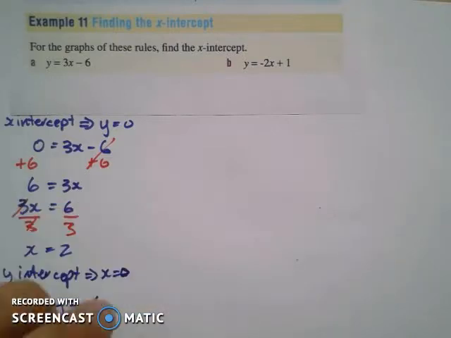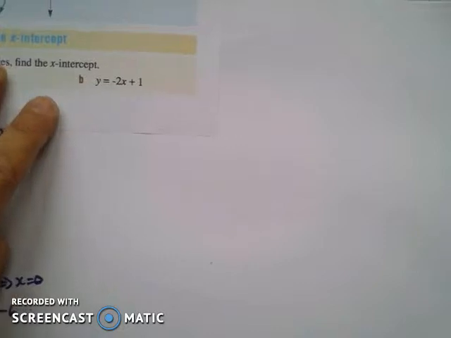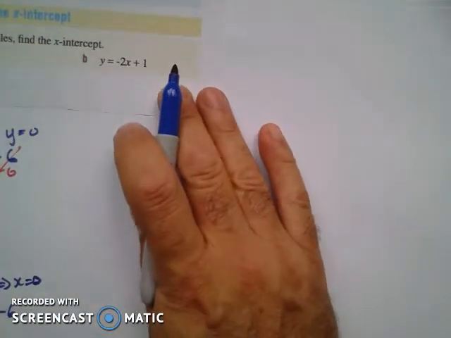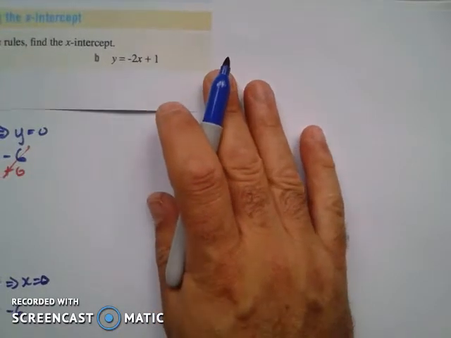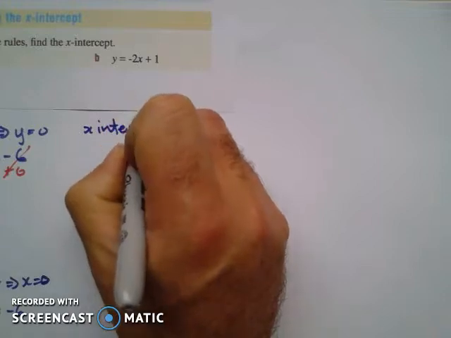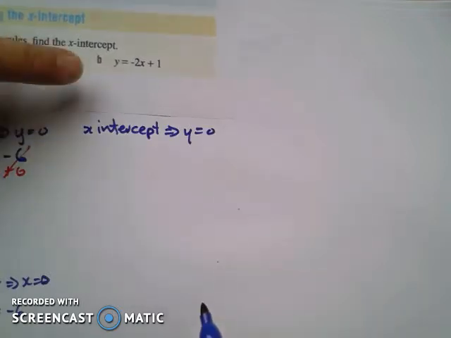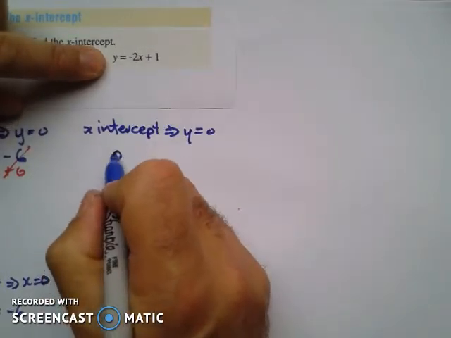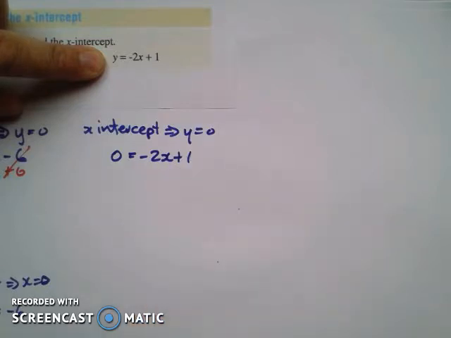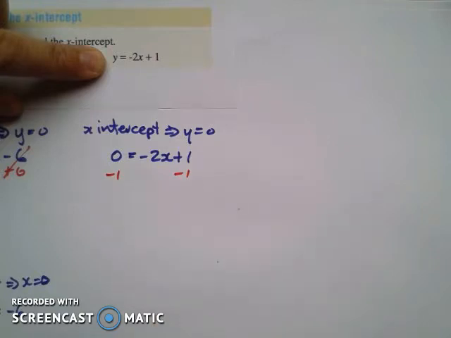Let's look at the next question. y equals minus 2x plus 1. The same thing, first of all, my x-intercept is where y equals 0, which means 0 equals negative 2x plus 1. I'm going to use my algebra. Subtract 1 on both sides, and swap the sides.